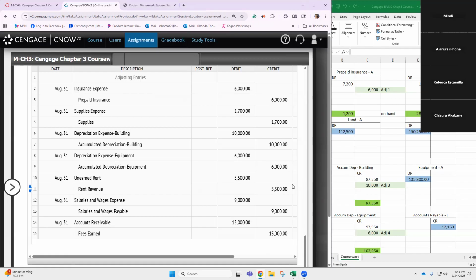So what's happening in that first adjustment is an expense is going up. That's your income statement account. An asset is going down. Okay, so that is affecting one income statement account, one balance sheet account. This is one income statement account, one asset, one balance sheet account.